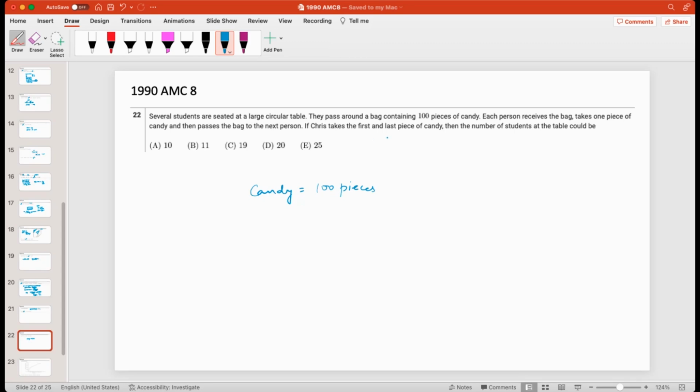If Chris takes the first and the last piece of candy, so Chris is going to get the first piece and the 100th piece, which means 99 candies are passed in the circle, right? So 99 is a number which is correctly passed in the circle without any remainder.